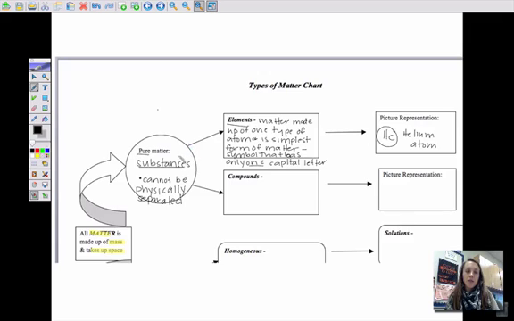The second type of substance we have is a compound. And this is matter made up of two or more different types of elements that are chemically bonded.